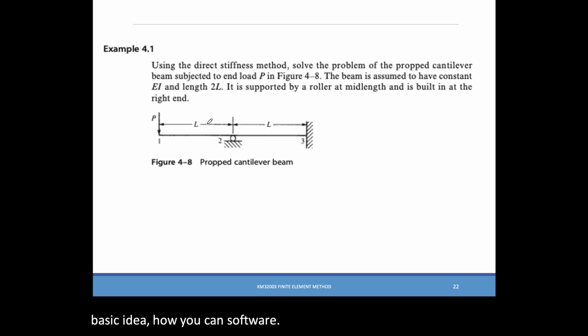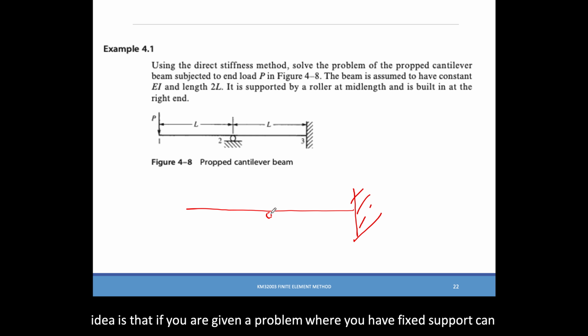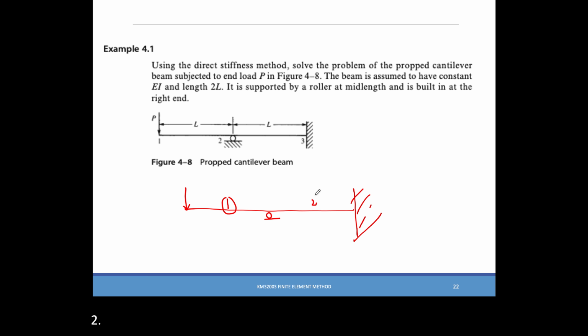So the idea is that if you are given a problem where you have a fixed support, a cantilever beam, at the middle we have a roller support, and at the end we have a force, in these cases we have no choice but to break them into 2 elements, element number 1 and element number 2, as shown in the picture.